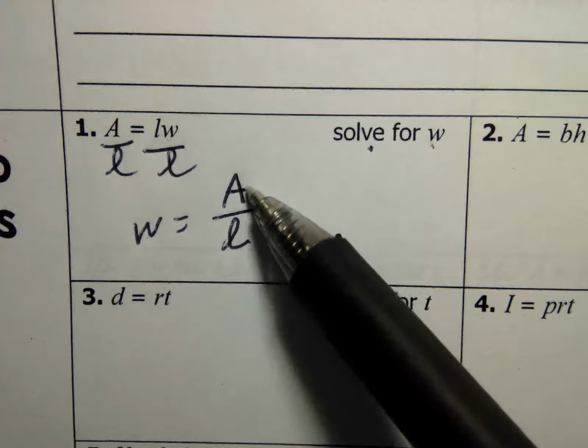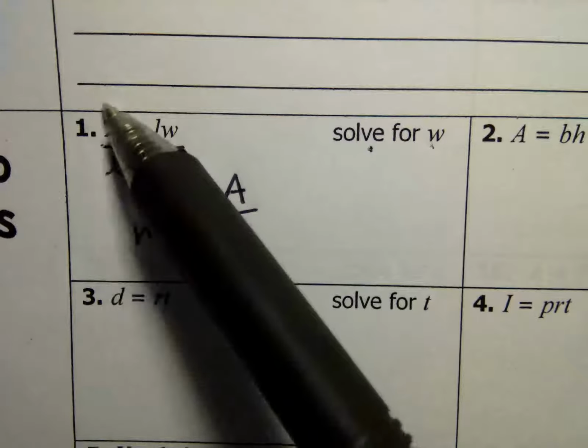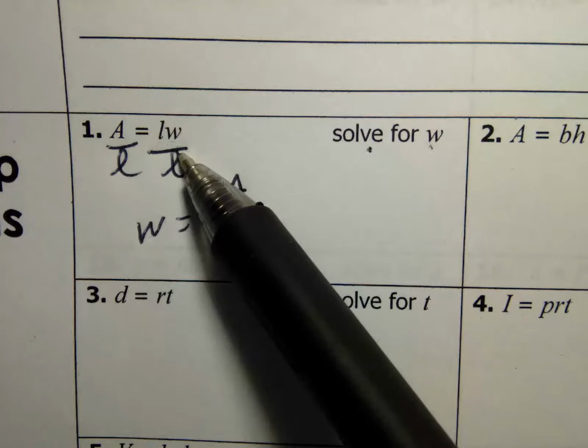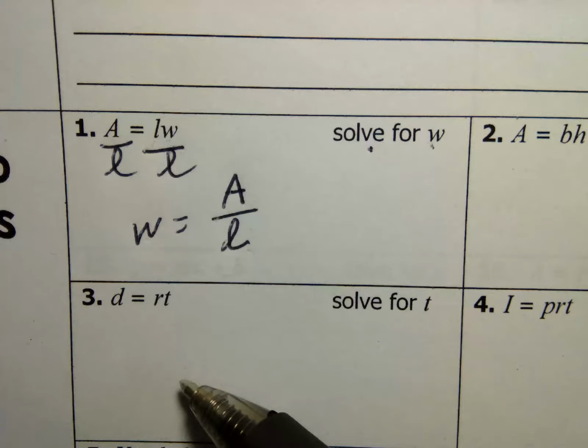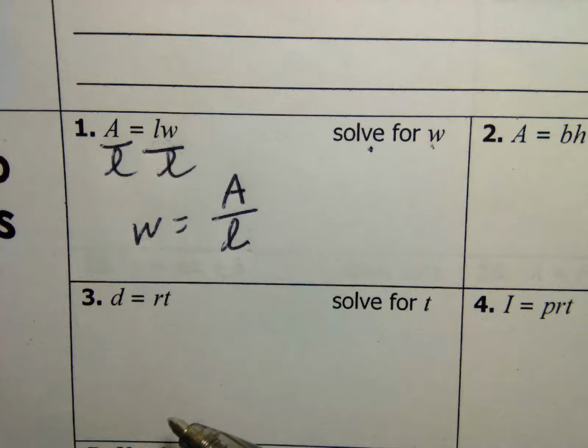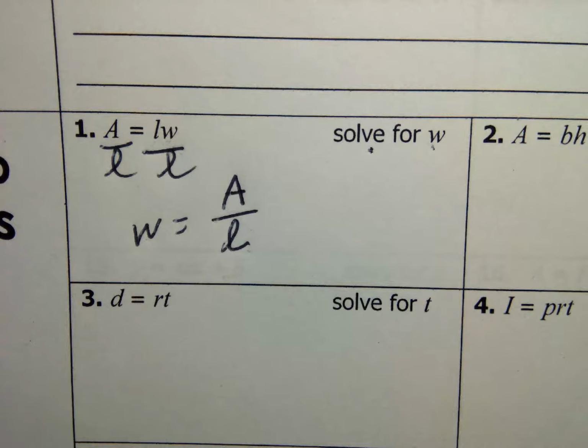So it's easier to just plug it in here to get your answer instead of constantly solving it. The other reason is in algebra, what you're going to be doing is always solving for y. It doesn't matter if you have x's and other values, you will always be solving for y. And this is getting us used to solving for a specific variable.